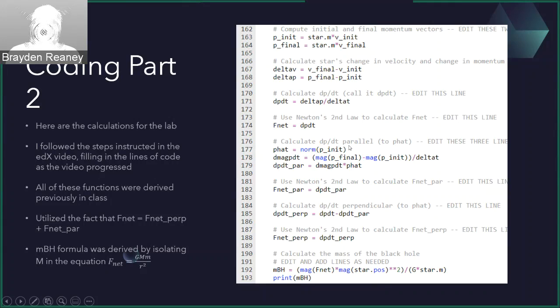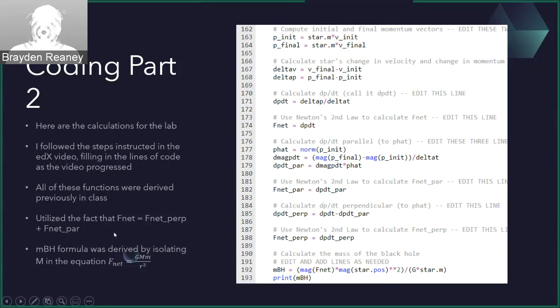And as I said here, this was a little bit complicated, but you just solve for the p hat in the formula, which solves for the unit vector, and the magnitude of dp/dt is just equal to the change in the magnitude of the momentums over delta t, and then you multiply those together to get dp/dt parallel.